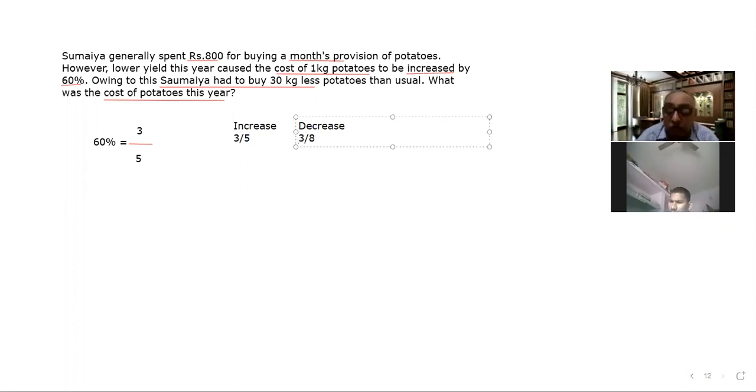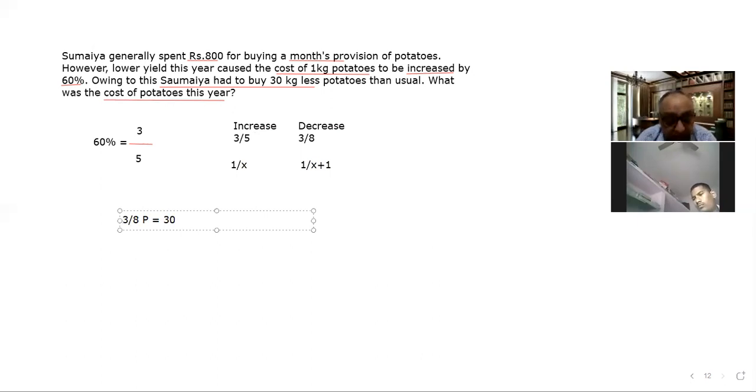I have told you earlier that 1 upon x increase would lead to a decrease of 1 upon x plus 1. So the same concept applies here. So 3 upon 8 of the total potatoes consumed is equal to 30 kg of potatoes.